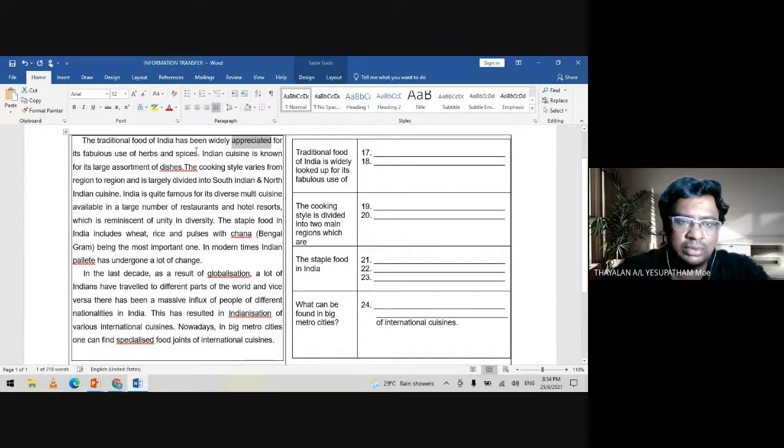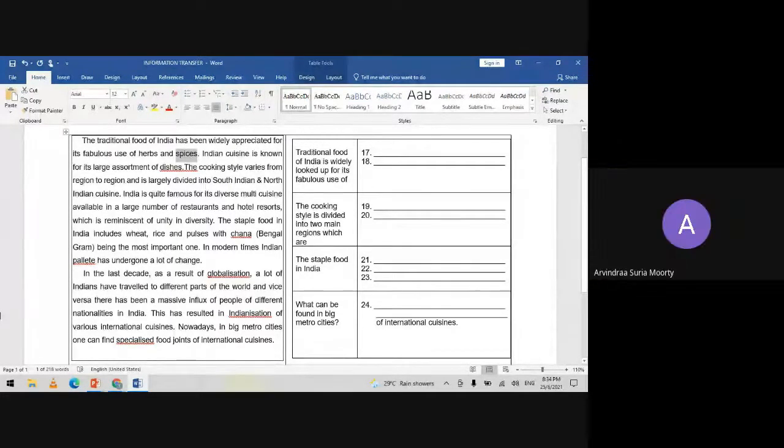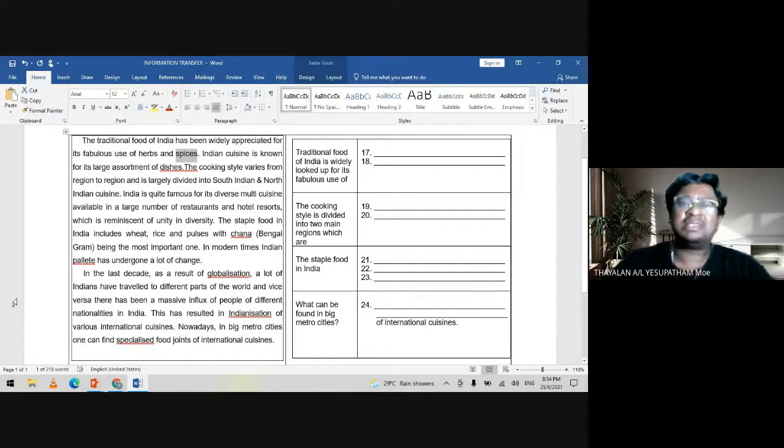Okay. Now this one. Spices. It's not spicy. If it is spicy, then it's spicy. But here it is spices, therefore it is spices.